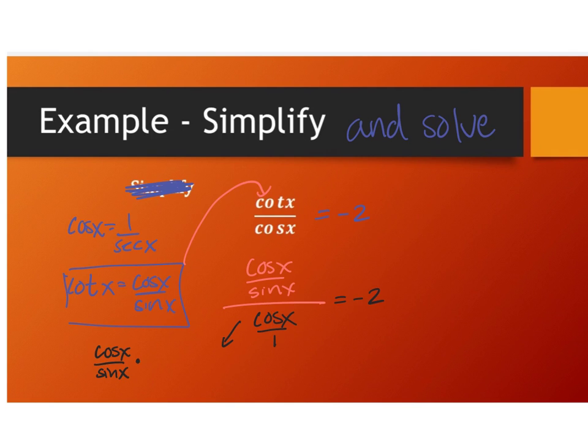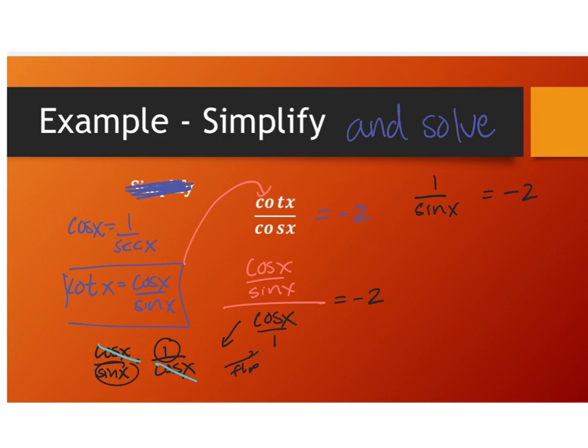So we can change our problem into a multiplication as long as we flip this fraction here. That would flip to 1 over cosine of x. And then, just like that first problem we did, we have a cosine in the numerator and denominator, so we can cancel those out. Then we're just left with 1 over sine of x. So now we have 1 over sine of x equals -2.